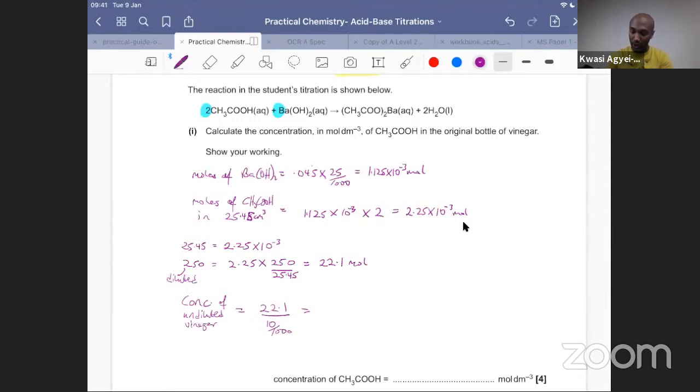So we've got 1.125 times 10 to the minus 3 moles of our barium hydroxide, which we then multiply by 2 because of the molar ratio there to give us 2.25 times 10 to the minus 3. Let's check that. 1.125 times 2 is equal to 2.25. Okay, so far so good.